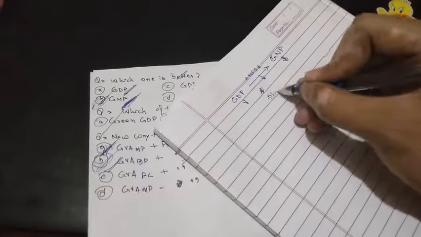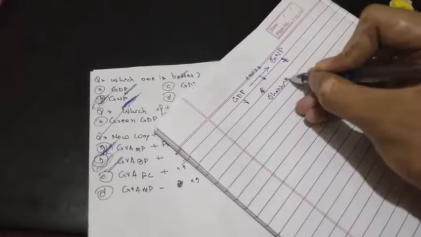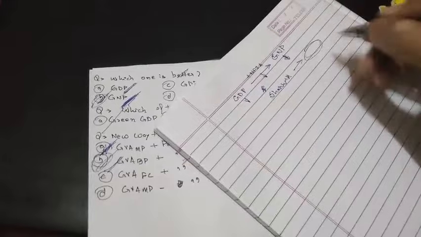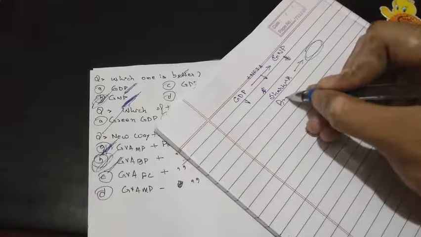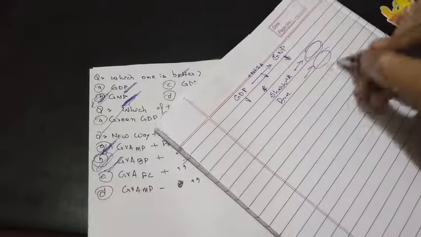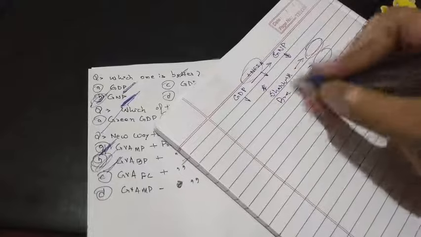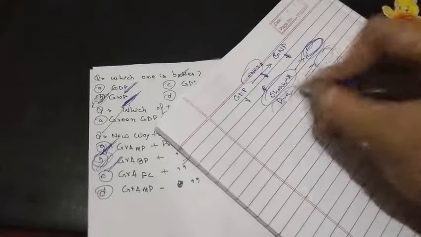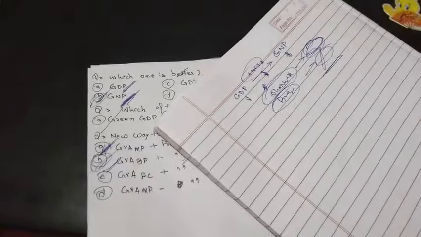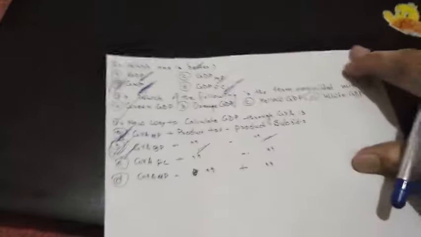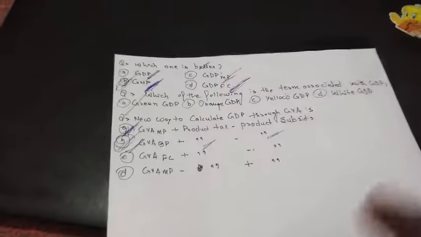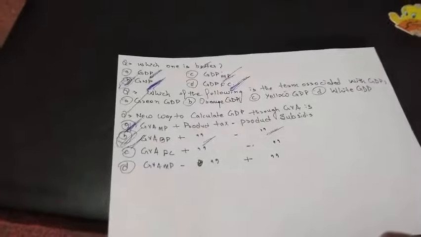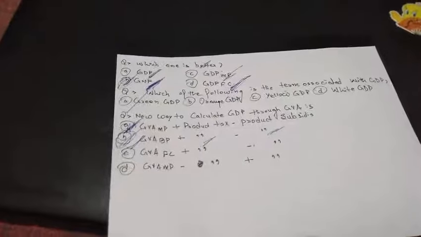For example, if Shah Rukh Khan works in some Hollywood movie, he gains some amount, and for example Brad Pitt works in India, he gets some amount. This NFIA is the difference. The citizen of our country earns outside our country, and other citizens earn inside our country. So NFIA is the difference between them. So GNP gives the real picture because it takes into concern all the citizens earning, inside and outside India.